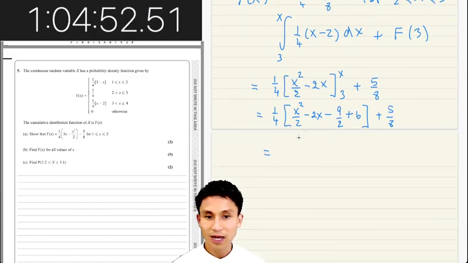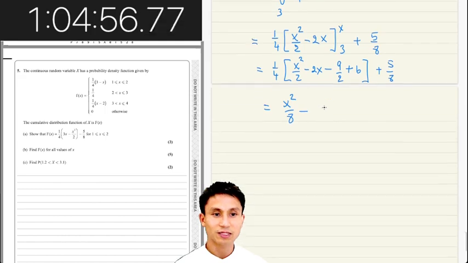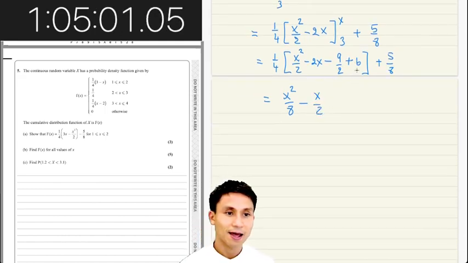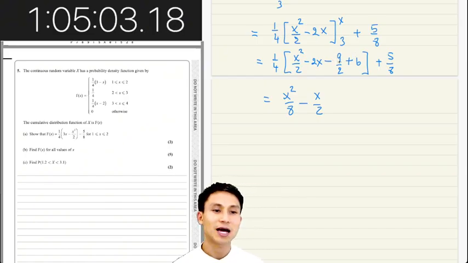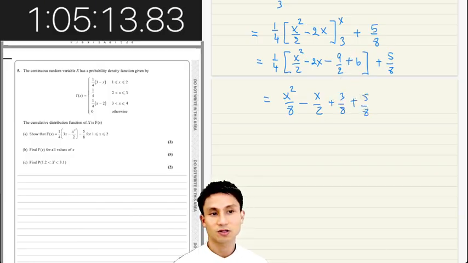So multiplying out, we get x squared over 8. There's only one x term here, so we can multiply in, so x over 2 there. And this is 12 minus 9 over 2, so 12 minus 9 is 3, 3 over 2, so that will become 3 over 8 plus 5 over 8. So that would all become 1.